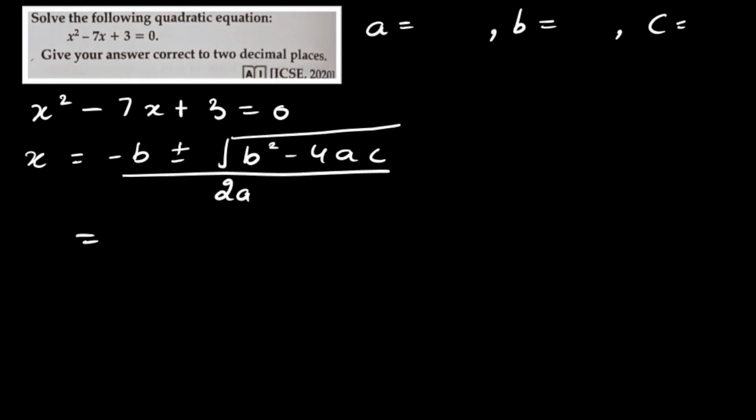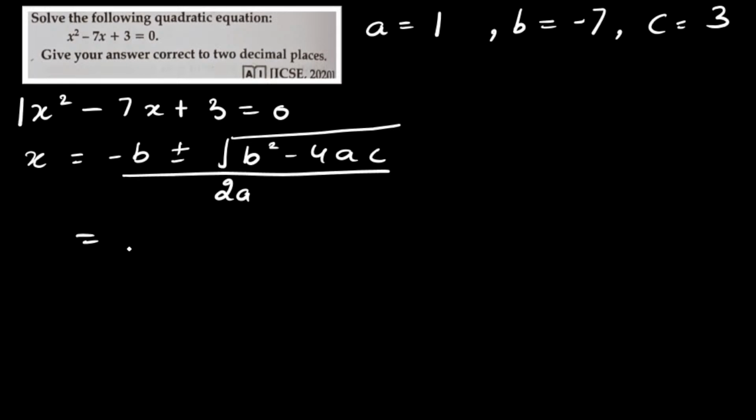Okay, tell me fast. a is the coefficient of x square, so a is equal to 1. b is equal to minus 7. So a is equal to 1, b is equal to minus 7 and c is equal to 3. Navya, Anika, Jayashree and Nason have given the values.